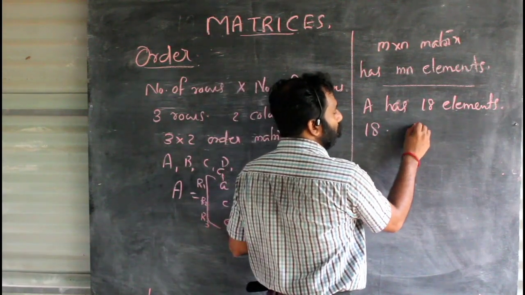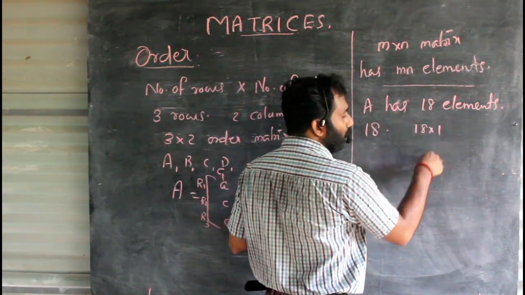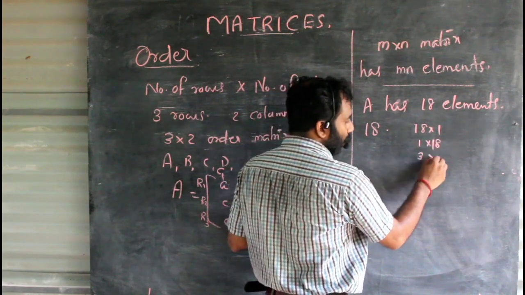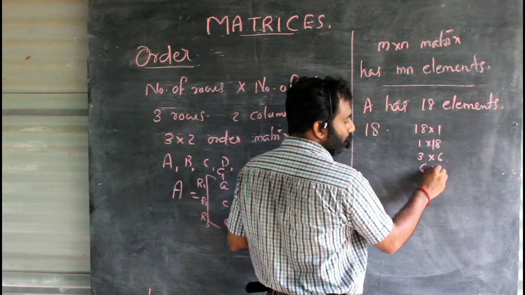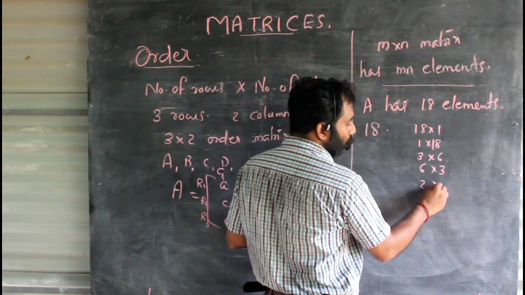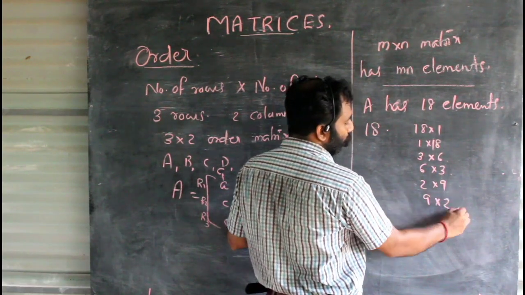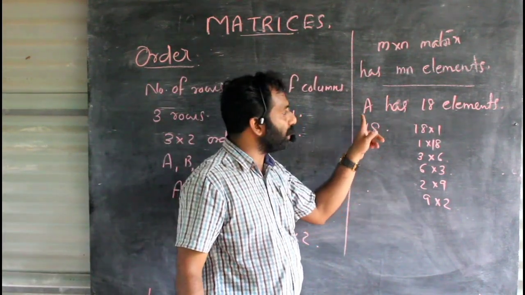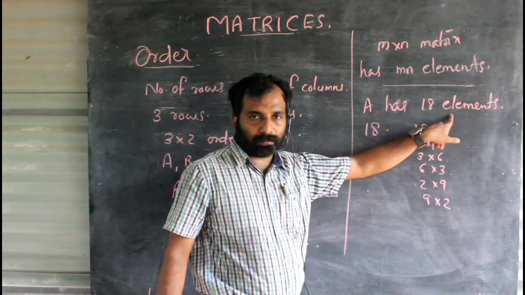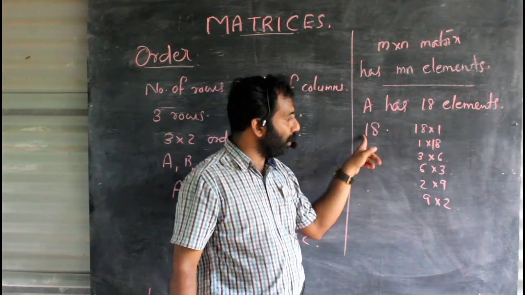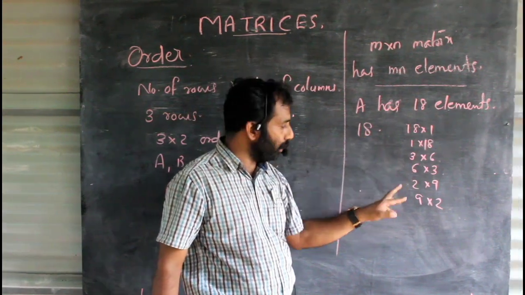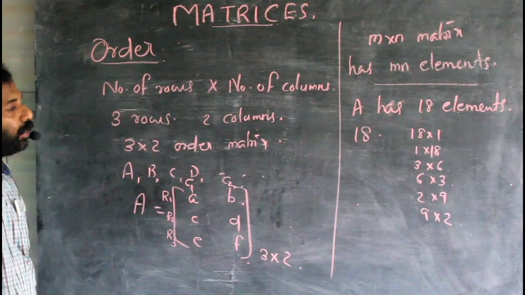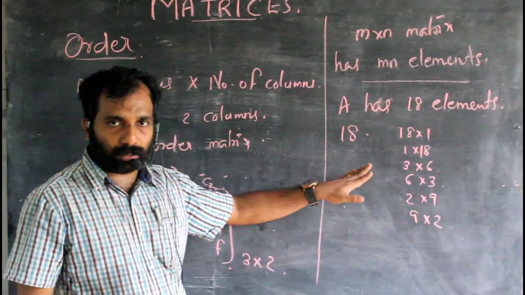The possible orders are 18 into 1, or 1 into 18, or 3 into 6, 6 into 3, or 2 into 9, or 9 into 2. These are the possible orders of a matrix having 18 elements. It's a very important problem we often see in entrance exams also.